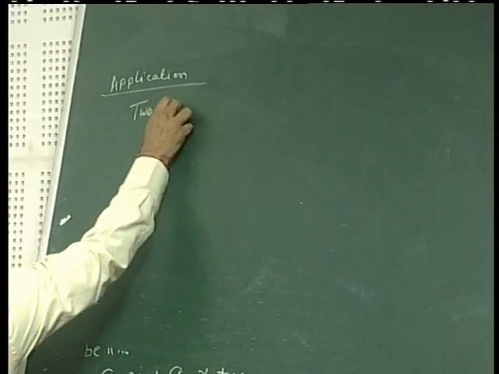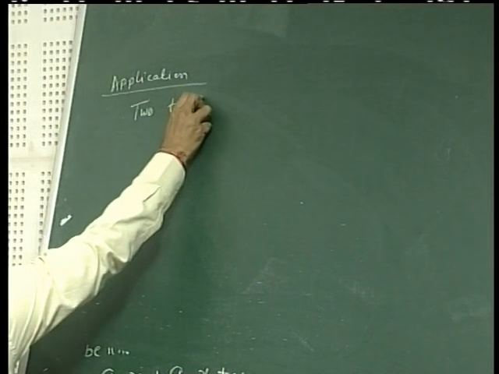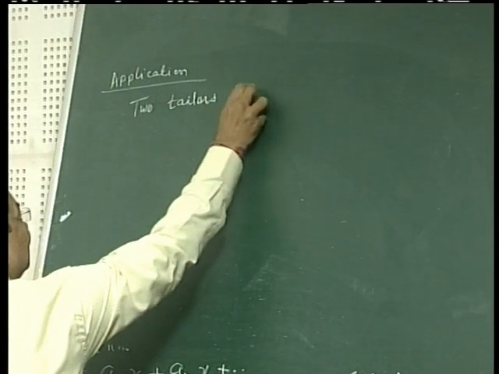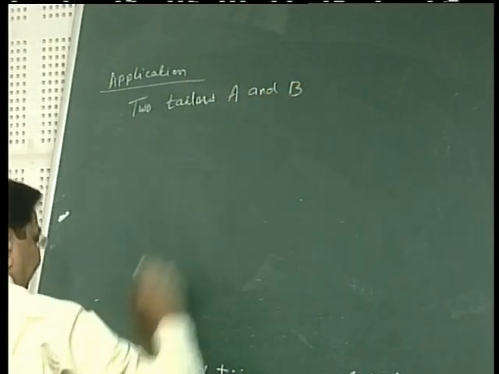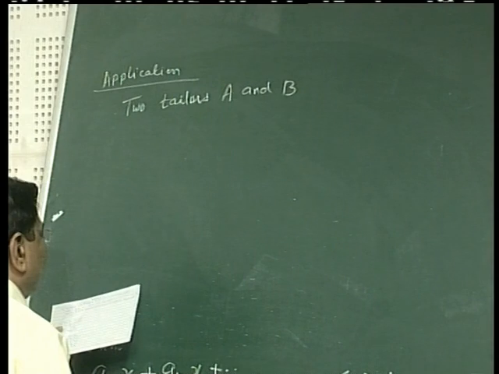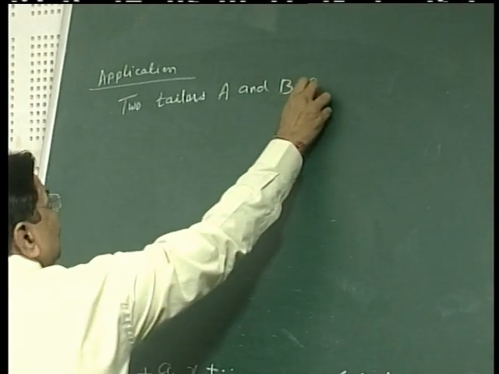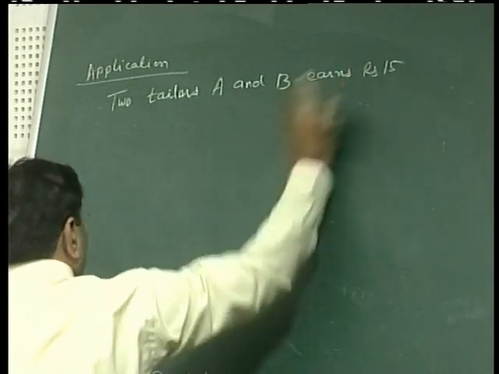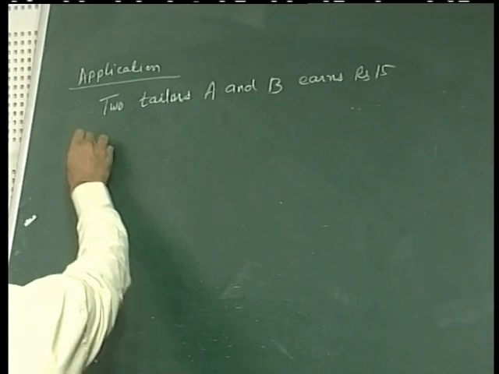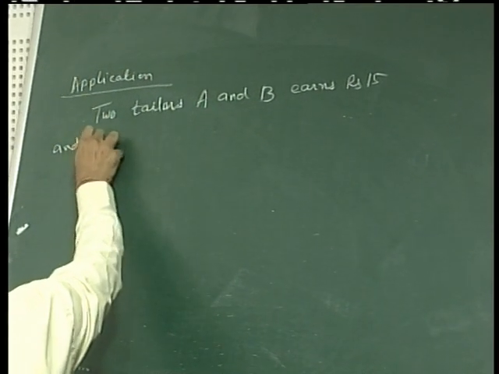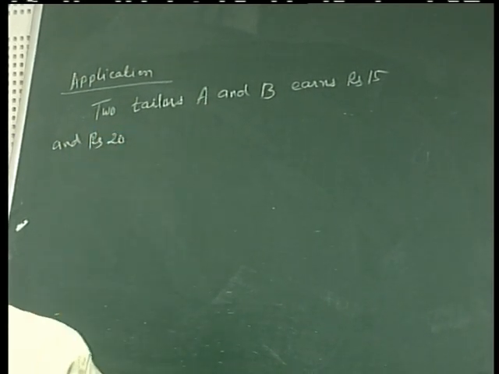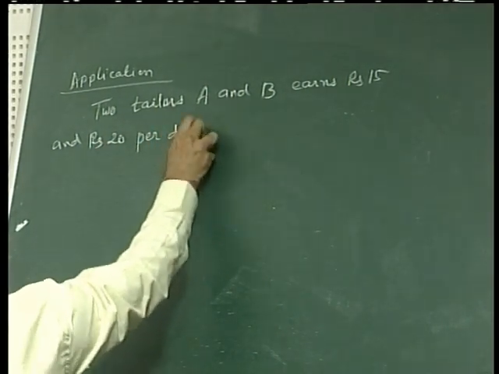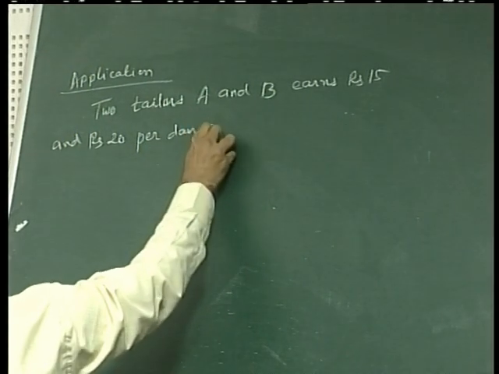Two tailors A and B earn rupees 15 and rupees 20 per day respectively.